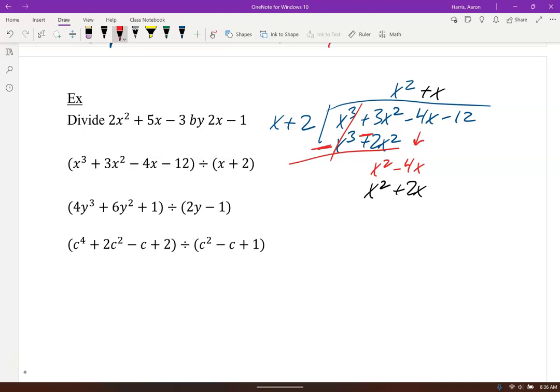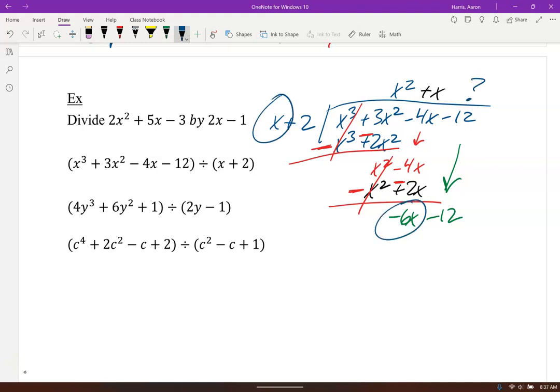And don't forget, change both signs. So now we got negative 4x minus 2x is negative 6x. And bring down the minus 12. And now we're asking, what times x gives us negative 6x? You guys say?